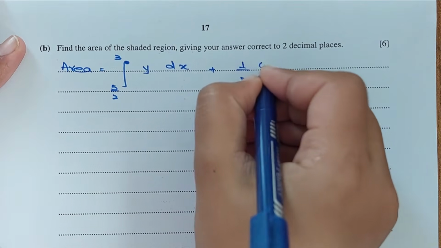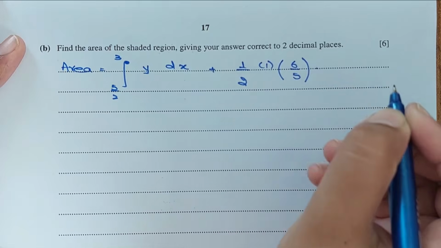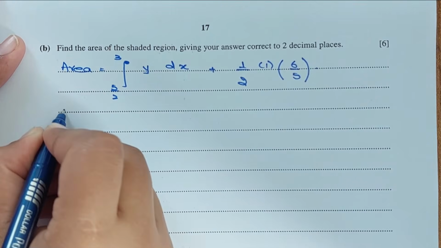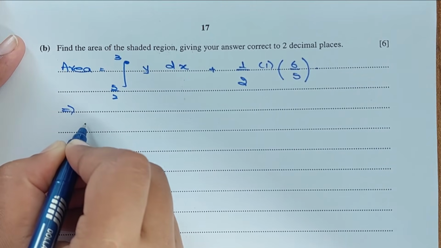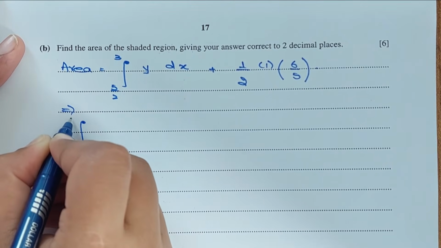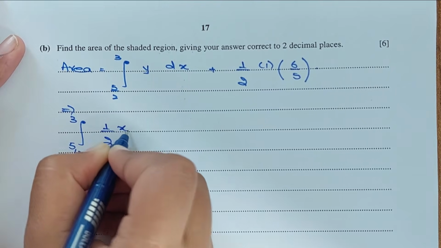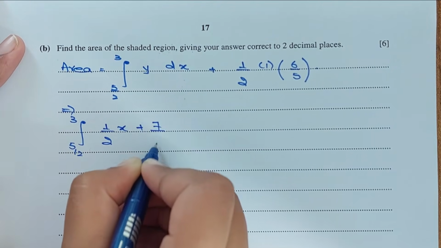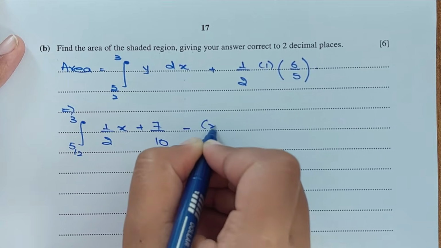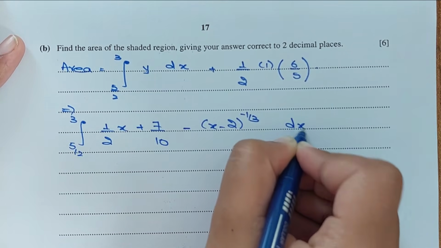So the base is 1 and the height is 6 by 5. First let me integrate from 5 by 2 to 3. The function y is 1 by 2x plus 7 over 10 minus (x minus 2) to the power minus 1 by 3, dx.